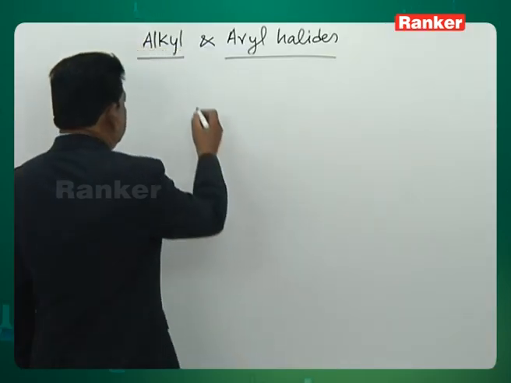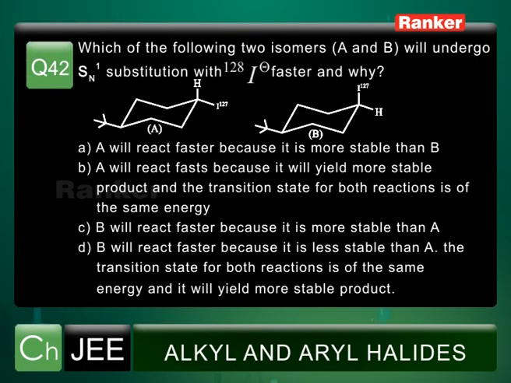Let us go to the 42nd question. Which of the following two isomers A and B will undergo SN1 substitution with isotopic iodine-128 faster, and why? In this reaction, compounds A and B are isomeric, both very close.